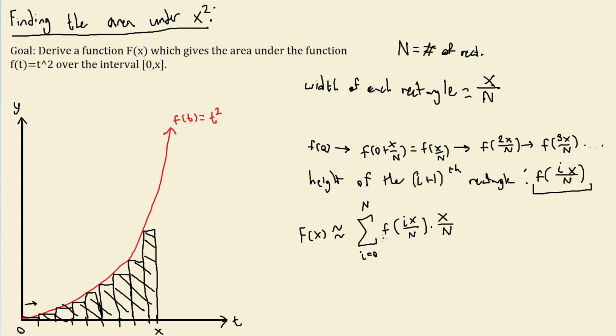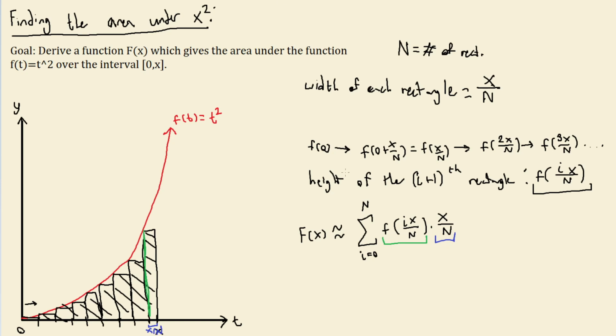And so once again, I'm actually going to color code this. This represents the height of each rectangle. So here, for example, on this last one, it would represent this. Right here, it would represent the height. And this right here represents the width of each rectangle. Each one of these little slices here is equal to x over n.